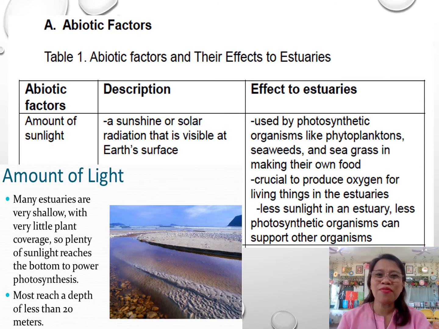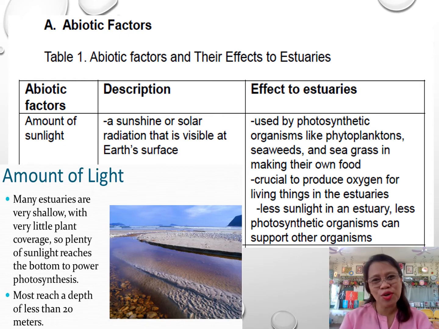We learned from our previous lessons that plants can manufacture their food with the help of sunlight. And seagrass, seaweeds, they are plants. Now, it is crucial to produce oxygen for living things in the estuaries. Less sunlight in an estuary, less photosynthetic organisms that can support other organisms.